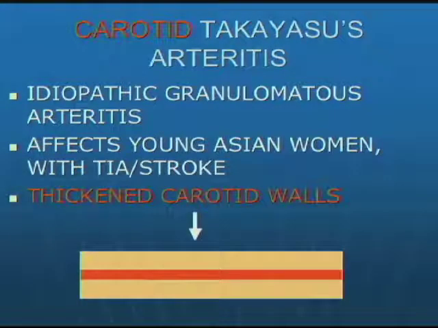On the other hand, another unusual disease is carotid Takayasu's arteritis. It is an idiopathic granulomatous arteritis that affects young Asian women with transient ischemic attacks or actual stroke. And the characteristic of this finding is a uniformly thickened carotid wall throughout the common, internal, and external.